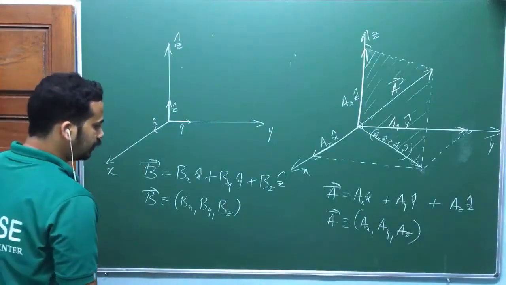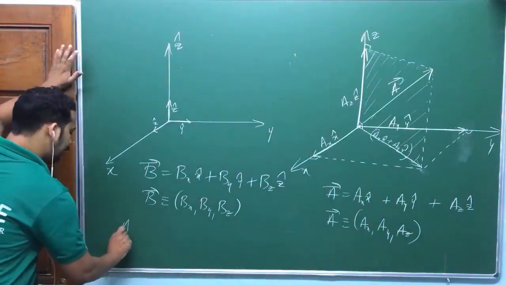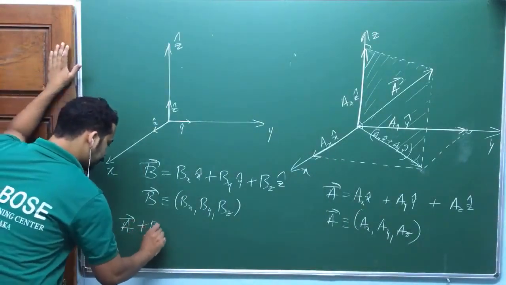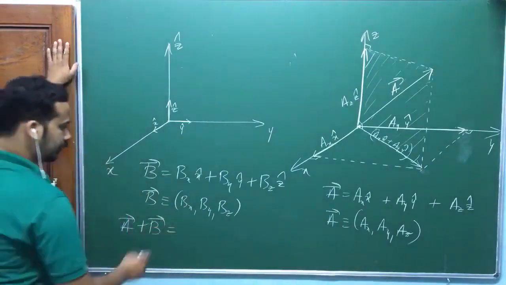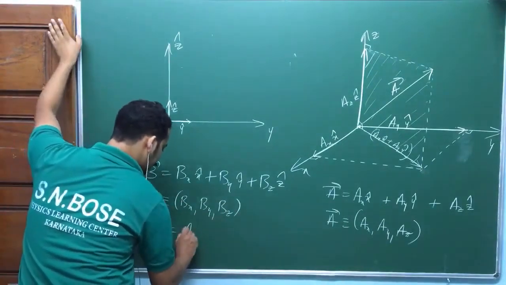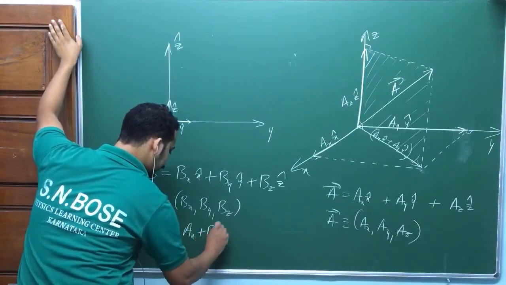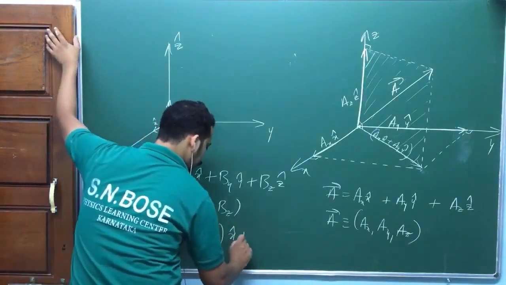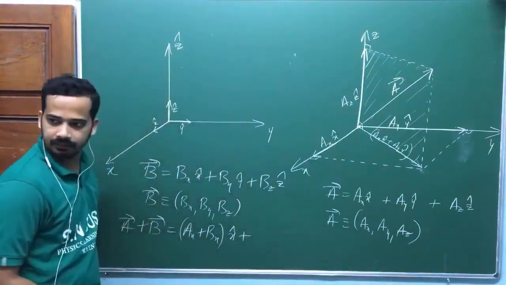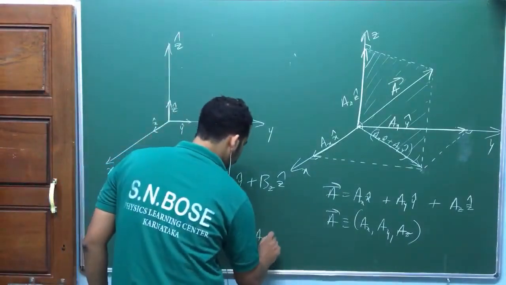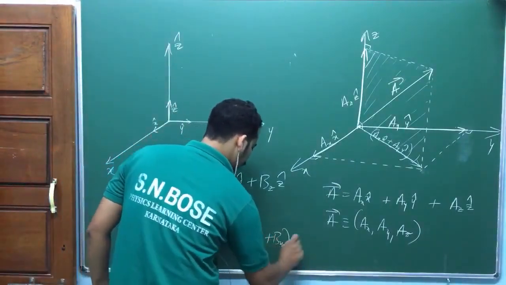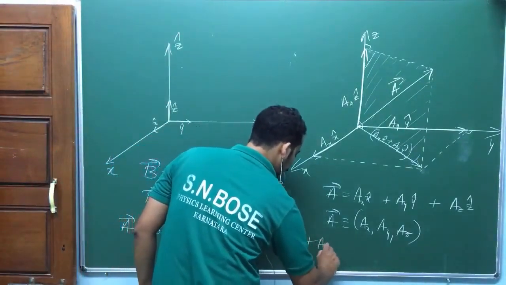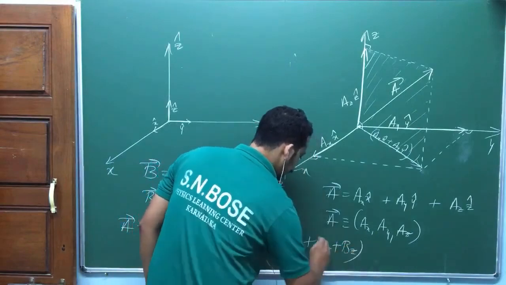Now, if you add A and B, what would you get? A plus B, isn't it? You can just write like this: Ax plus Bx into x cap, you can take x cap outside after adding, Ay plus By into y cap, plus Az plus Bz into z cap.